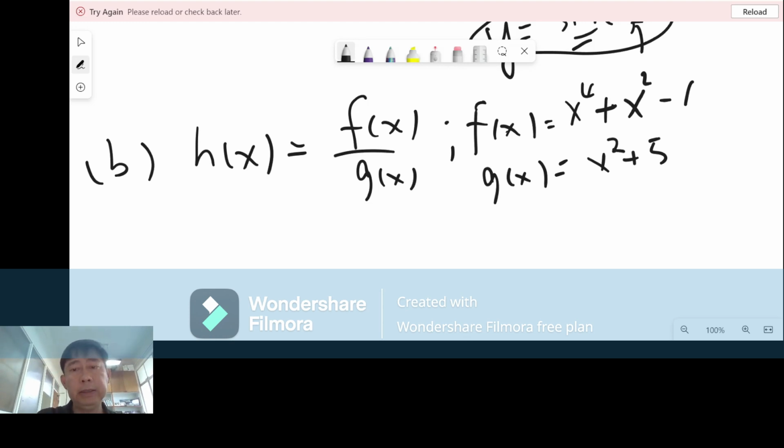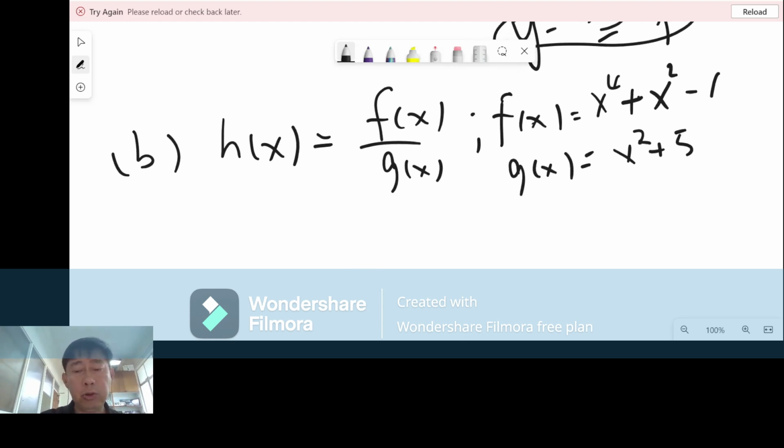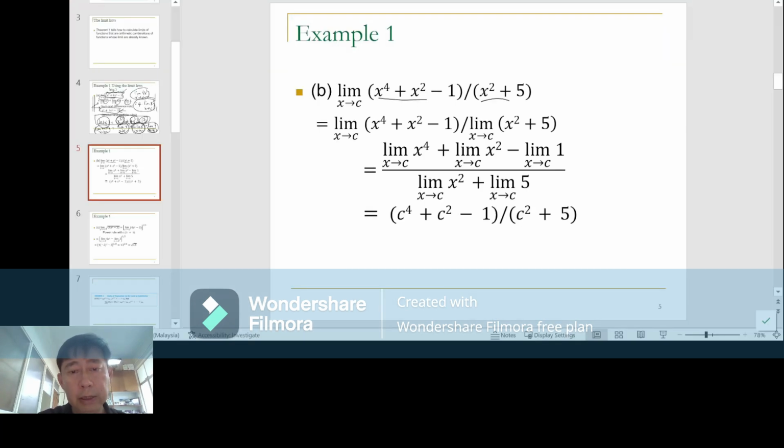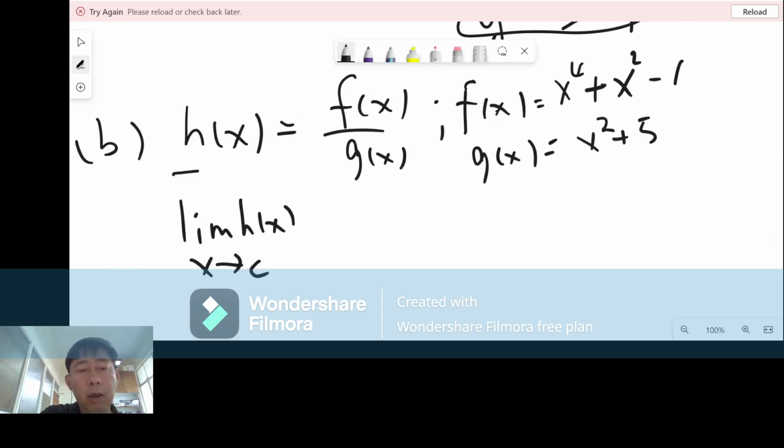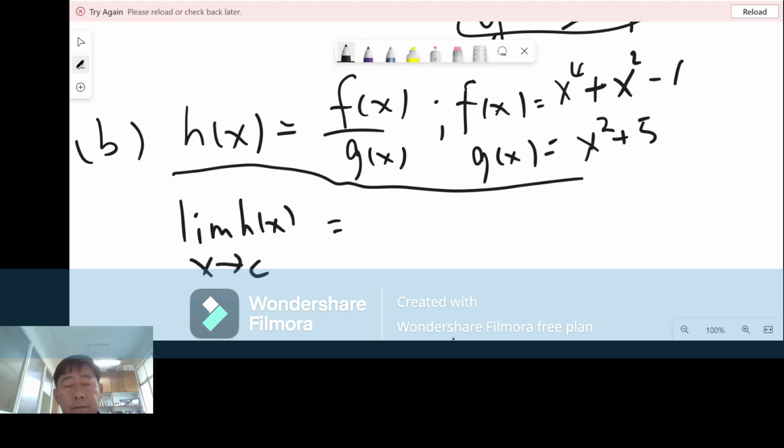So this is the question, and you are asked to calculate the limit of the function h when x tends towards c. Okay, so the answer or the steps to get the answer is actually quite straightforward. But I'm not going to write down the answer for you, but I'm going to show you the actual process of arriving at the answer.